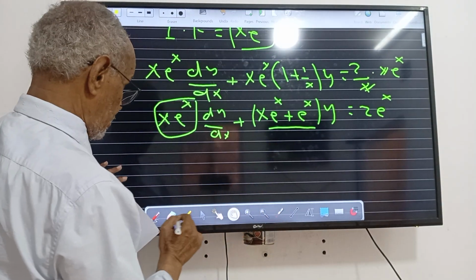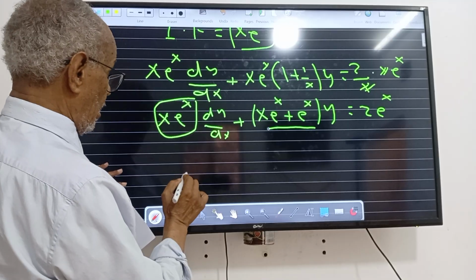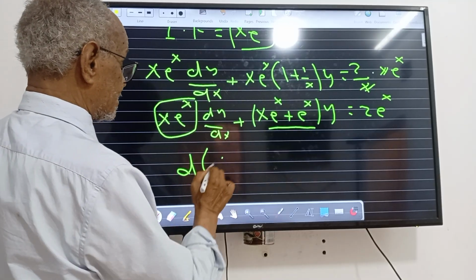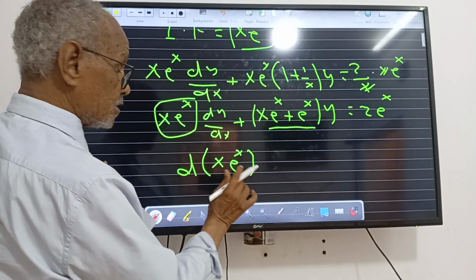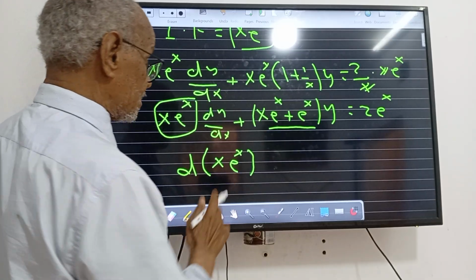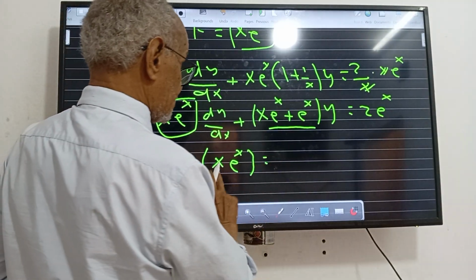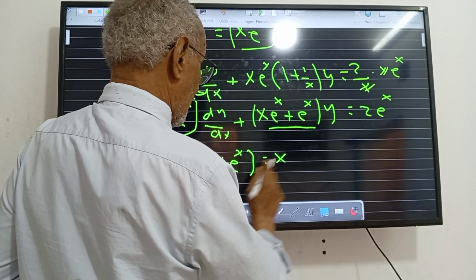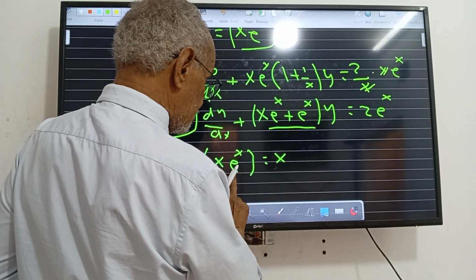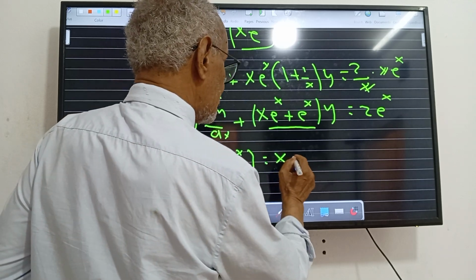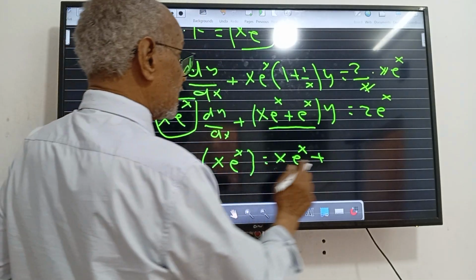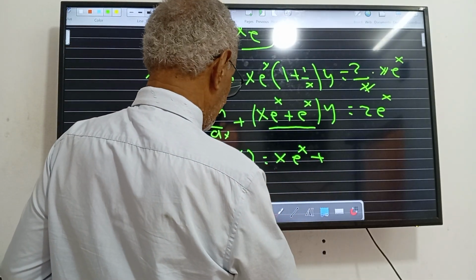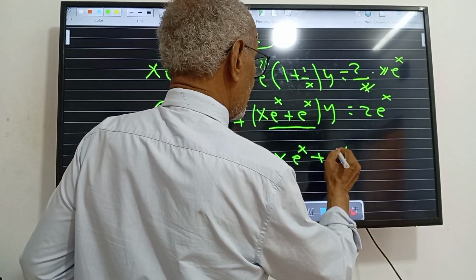The differentiation of x e to the power x is a product of two functions. The first function is x, and the differentiation of e to the power x is e to the power x, plus the differentiation of x, which is 1, times e to the power x.